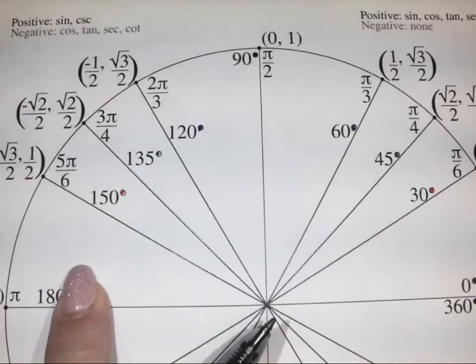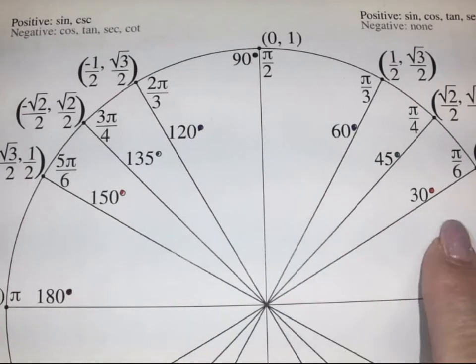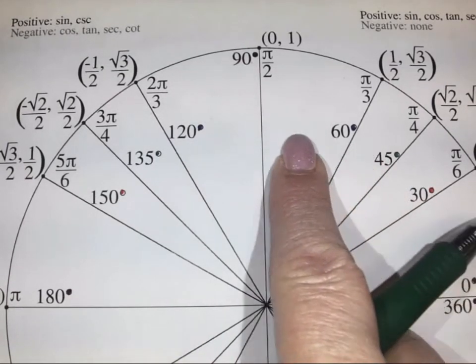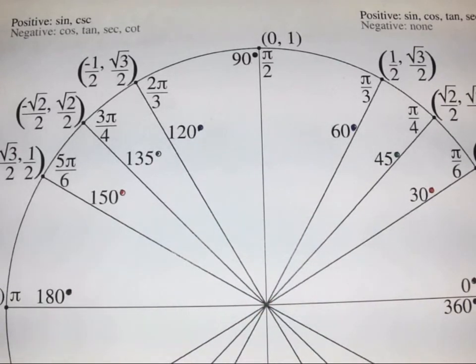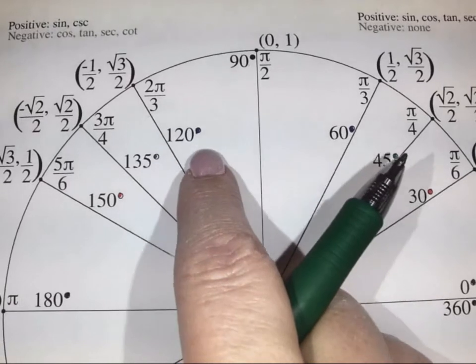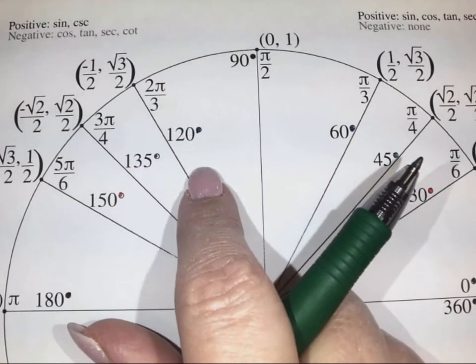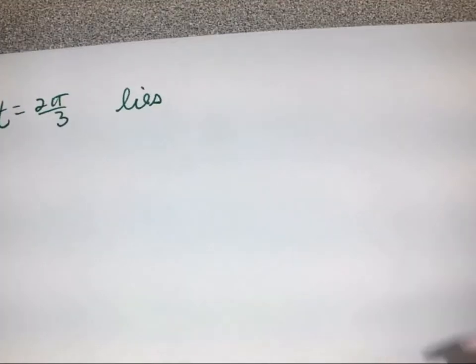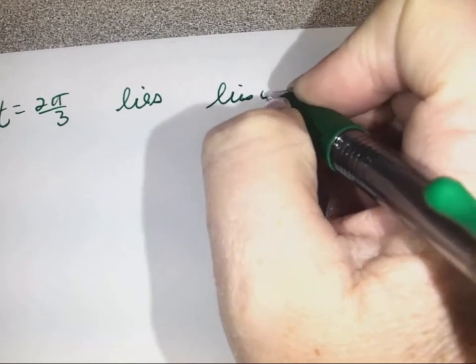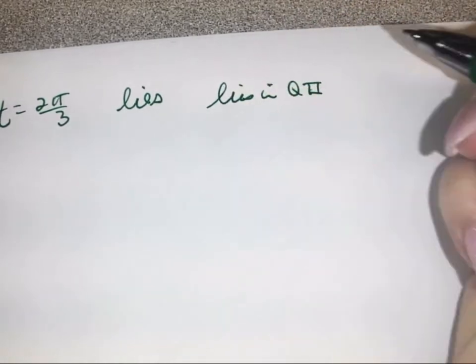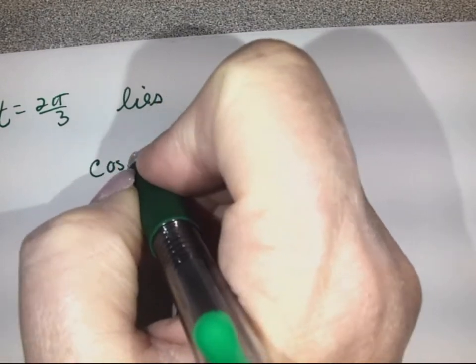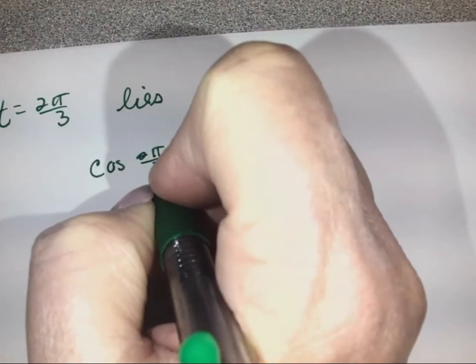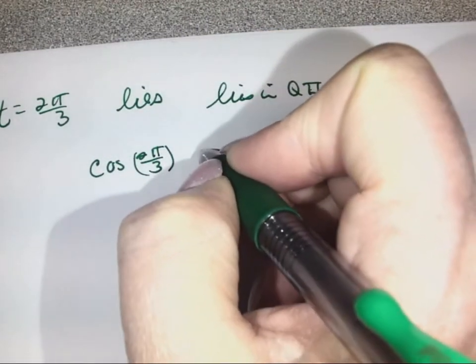So pi is halfway around. This would be 1/3, and then 2/3, 3/3. So getting a feel for where it's going to land, 2 pi over 3 will land in our quadrant 2. So because it lies in quadrant 2, we know that cosine of 2 pi over 3 will be negative.